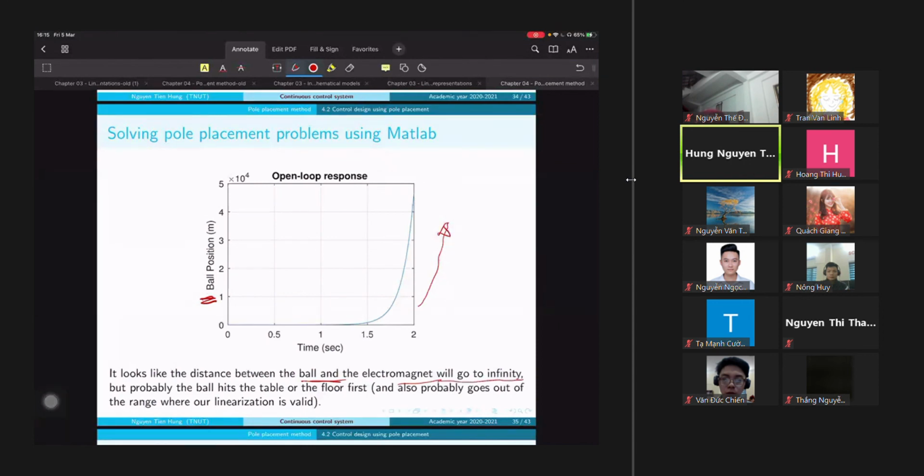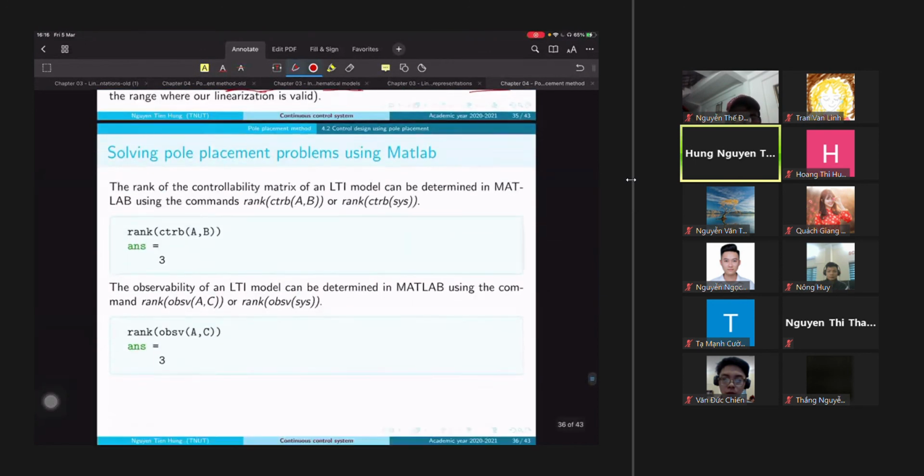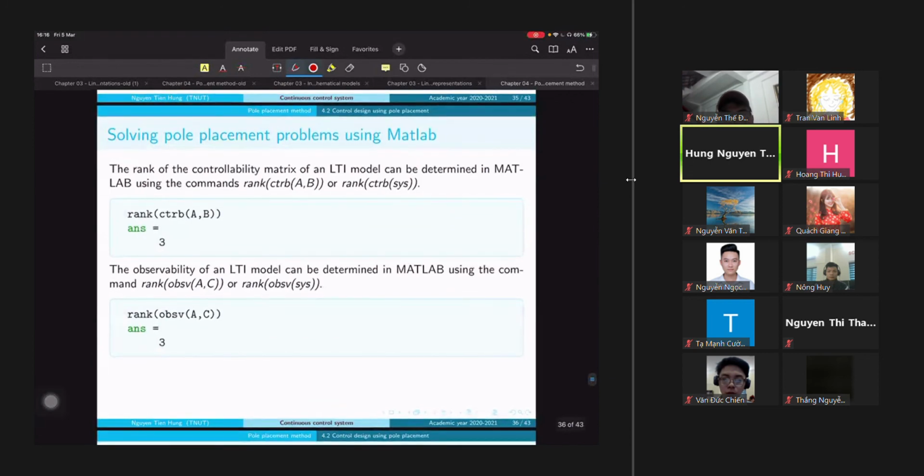This means that the ball hits the table or floor first, and of course this goes out of the equilibrium point, which we do not assume. But in this case, you see the system is unstable.